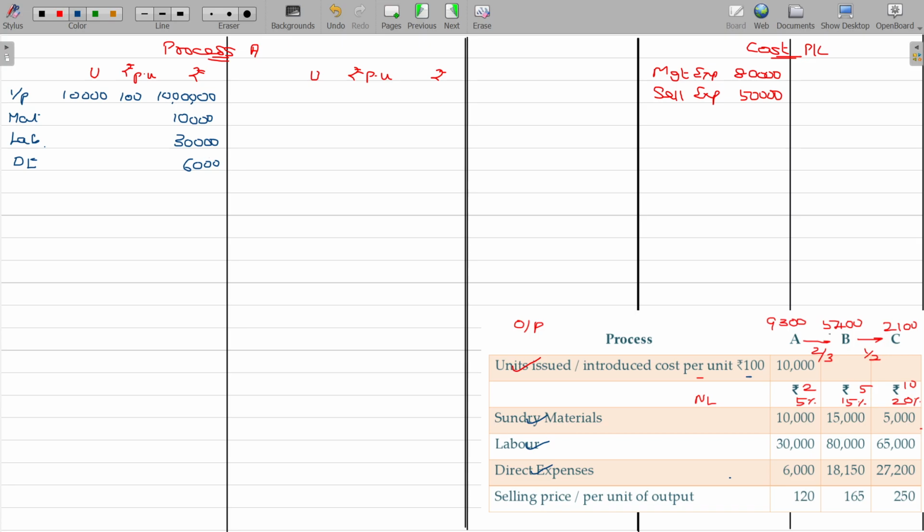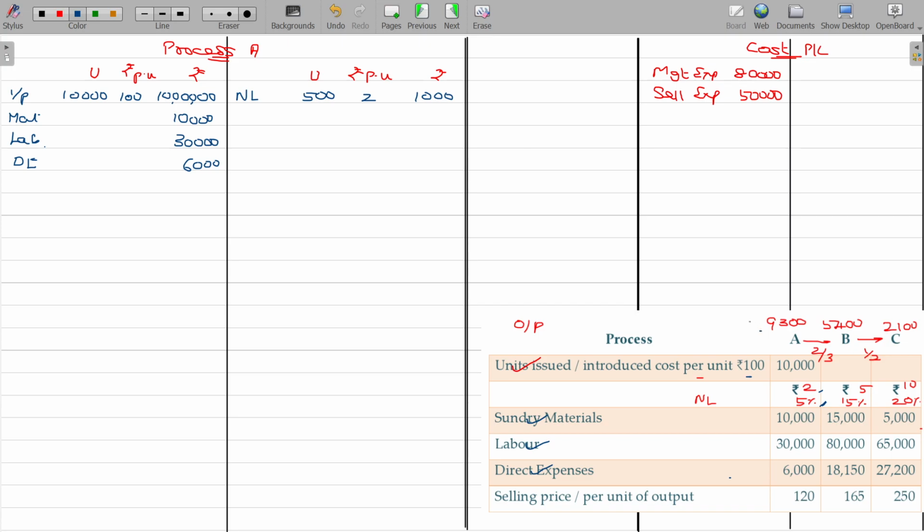And then the normal loss in this process being 5% of that input. How much is that? 500. Saleable at what rate? 2. Then the scrap value realized here being 1,000.